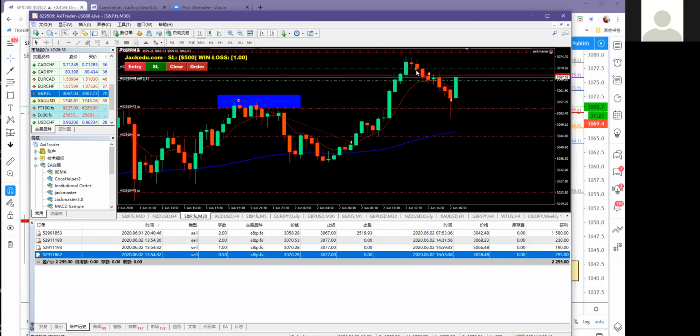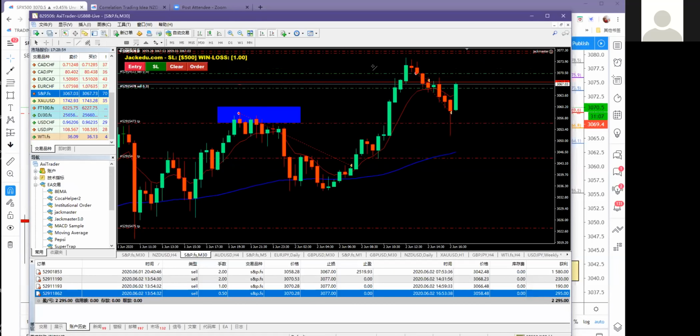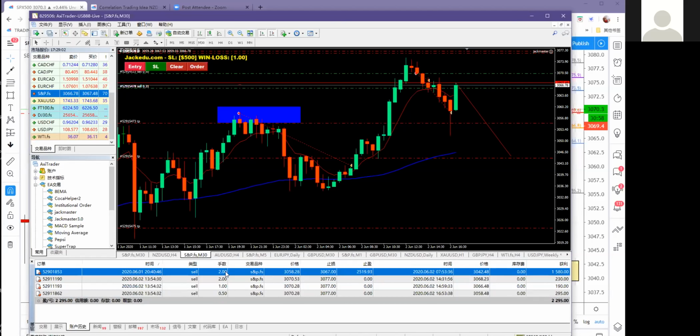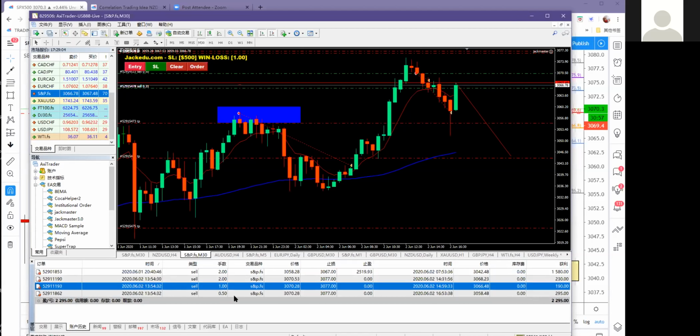And this is a 30 minute inside bar. The inside bar, the first target hit, second target hit, and now I'm selling again, and I still keep my original position of 0.5 lot. So by doing this, if the S&P can fall back to here, like 3046, I think I'm going to let it go another half of this position, 0.3 lot.